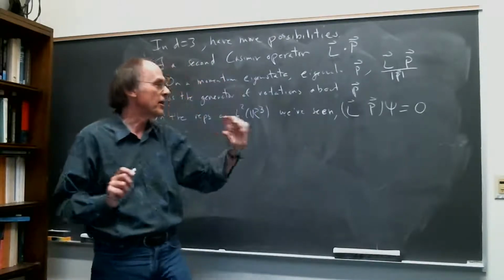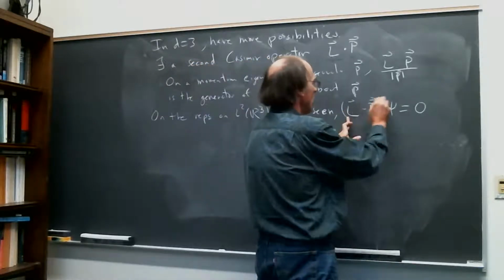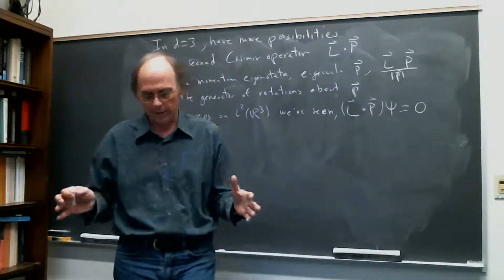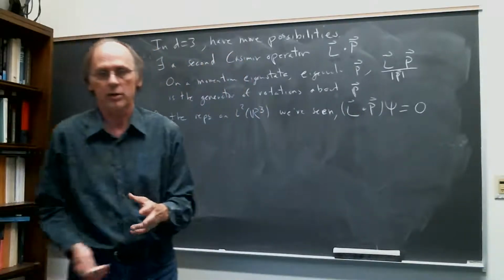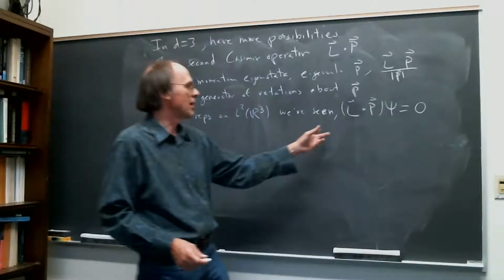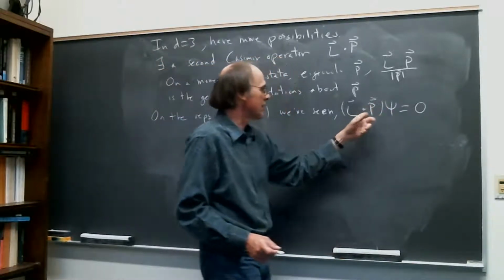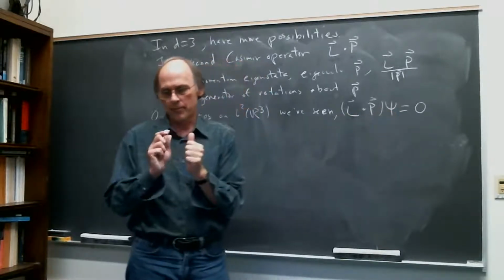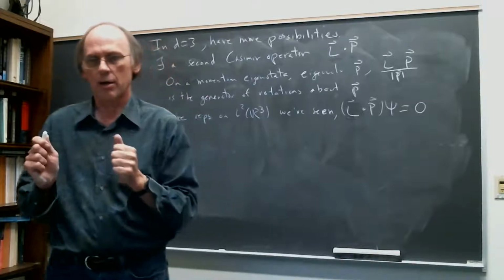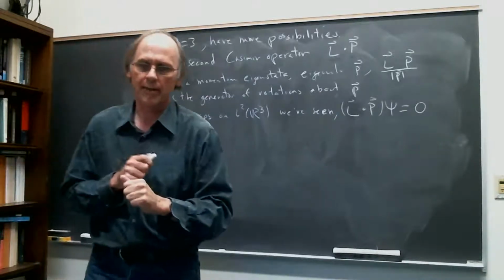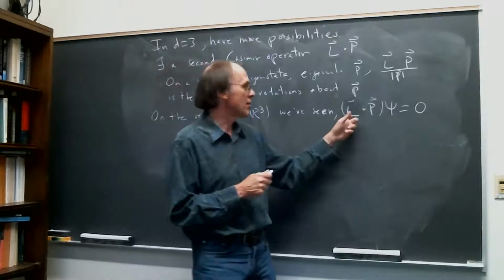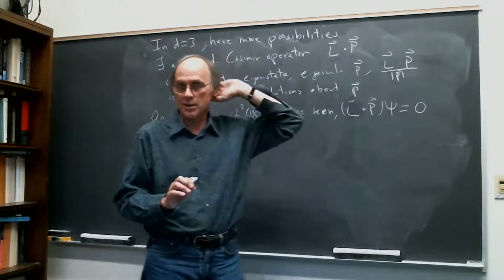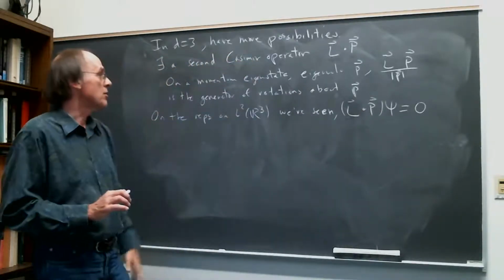In the problem set you're asked to think about what exactly this operator is and compute what it does on our wave functions. Because you know explicitly what these things are doing, you should be able to show that if psi is some function on x, or its Fourier transform is some function on p, then it's going to act as zero. Okay.